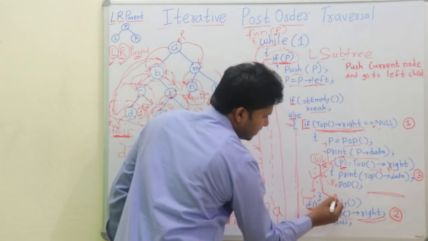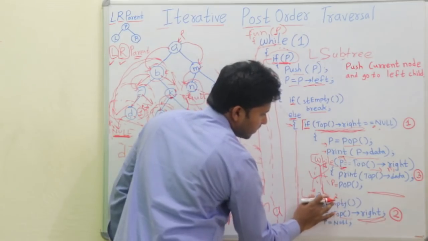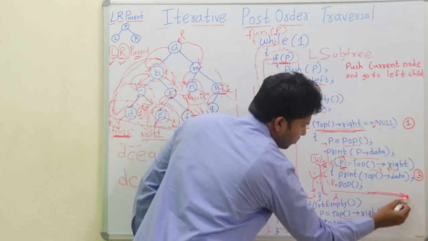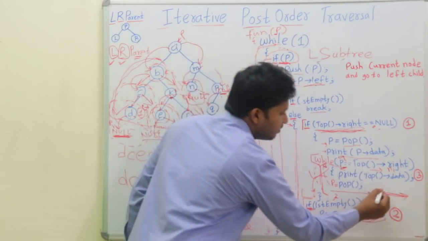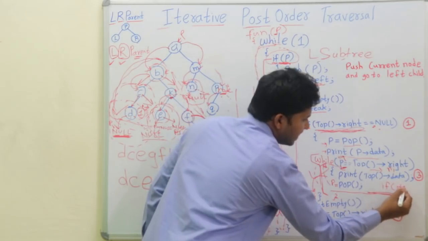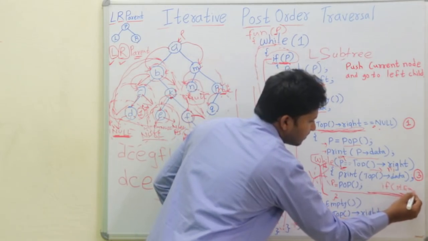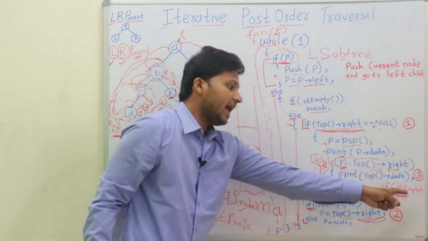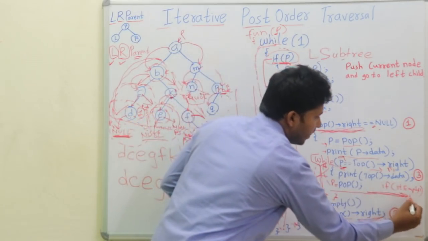Okay, see this will close here, and after this p is equal to pop, here you have to insert a statement, and that statement is: if the stack is empty, then you have to break.